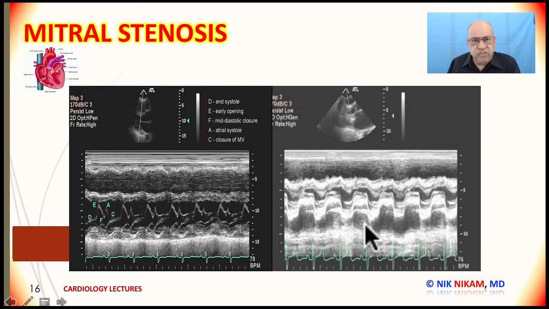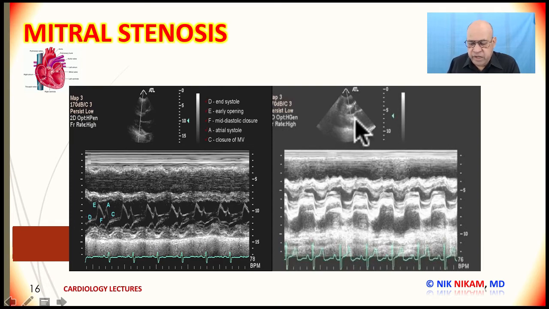Some of you may not even see this in today's modern echocardiography, but nonetheless, here is a normal looking mitral valve showing the E and A deflections related to the early filling and atrial kick, and in patients with mitral stenosis the E to F slope is almost non-existent, along with the thickening of the leaflets and the anterior motion of the posterior leaflets. All these simply suggest a very stiff stenotic valve which is non-flexible or non-pliable, and this is suggestive of severe mitral stenosis.